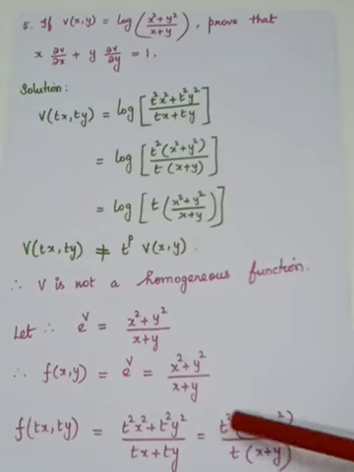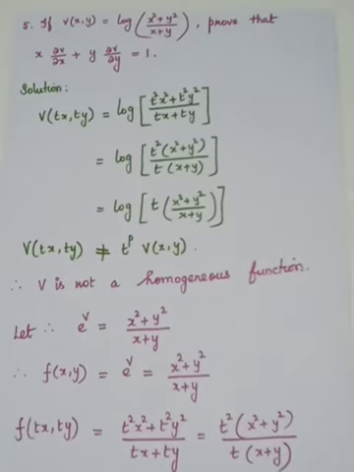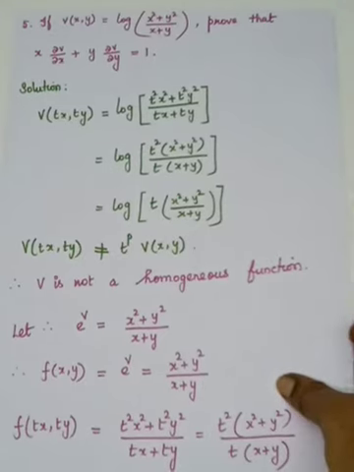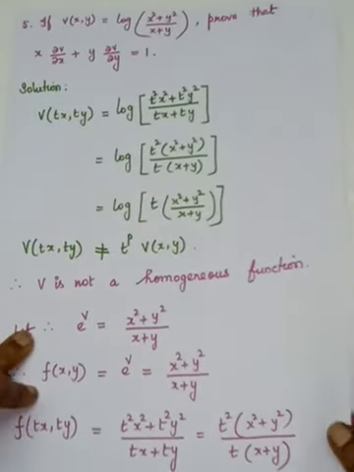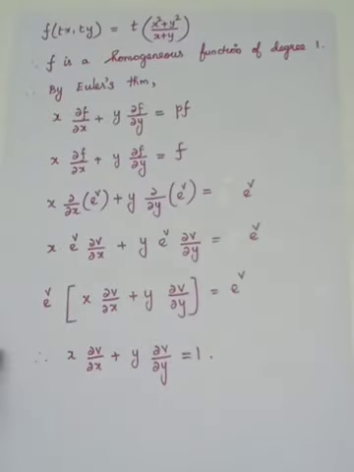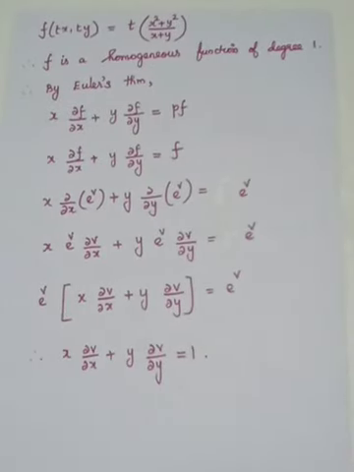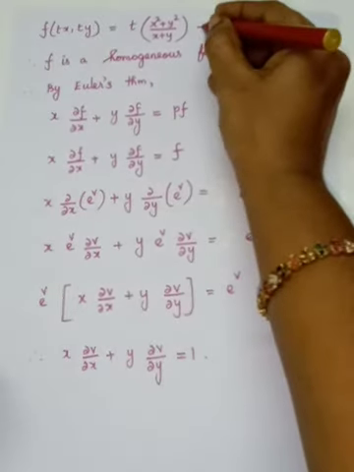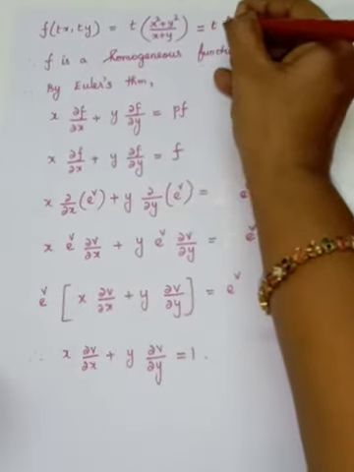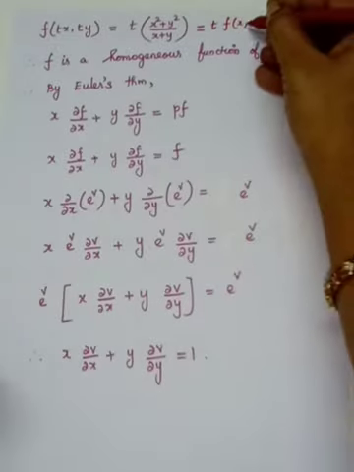In the numerator t squared is common, in the denominator t is common. When you cancel, you will get t into x squared plus y squared divided by x plus y. So therefore f of tx comma ty is equal to t into x squared plus y squared divided by x plus y. What is it? It is equal to t into f of x comma y, isn't it?